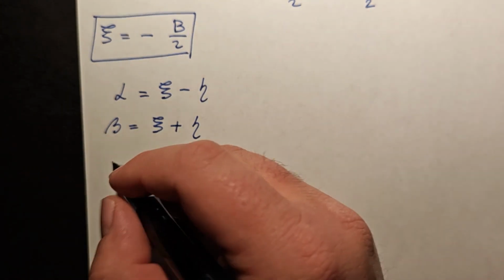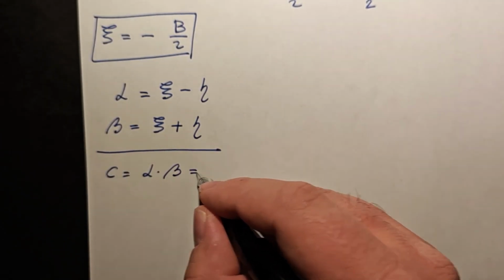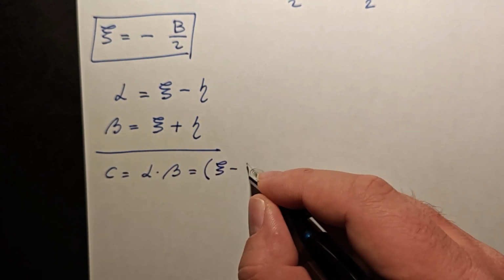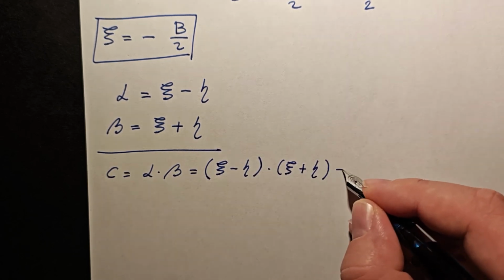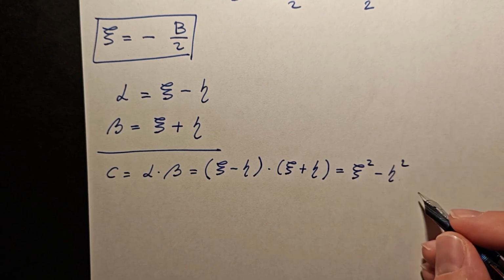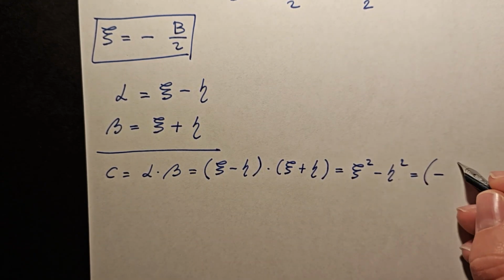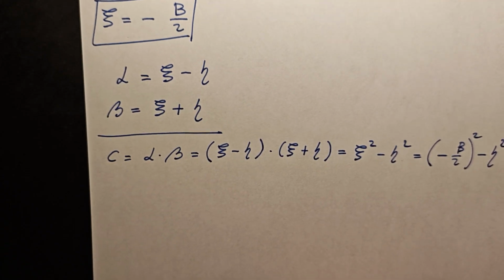From the second equation, we have that c is equal to alpha multiplied by beta, and we have that this is equal to (c minus eta) multiplied by (c plus eta), and that is equal to c squared minus eta squared. We have the value for c, and that is (negative b over 2) squared minus eta squared.